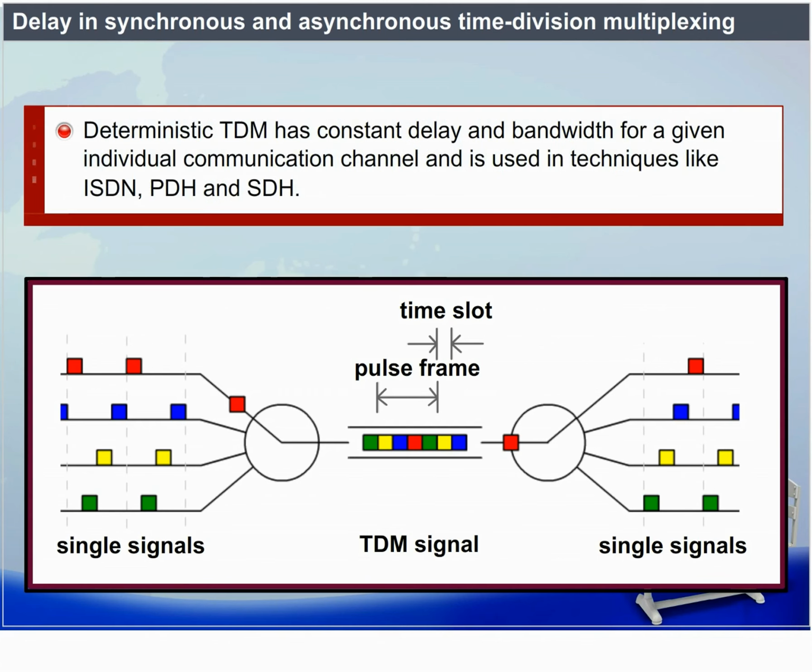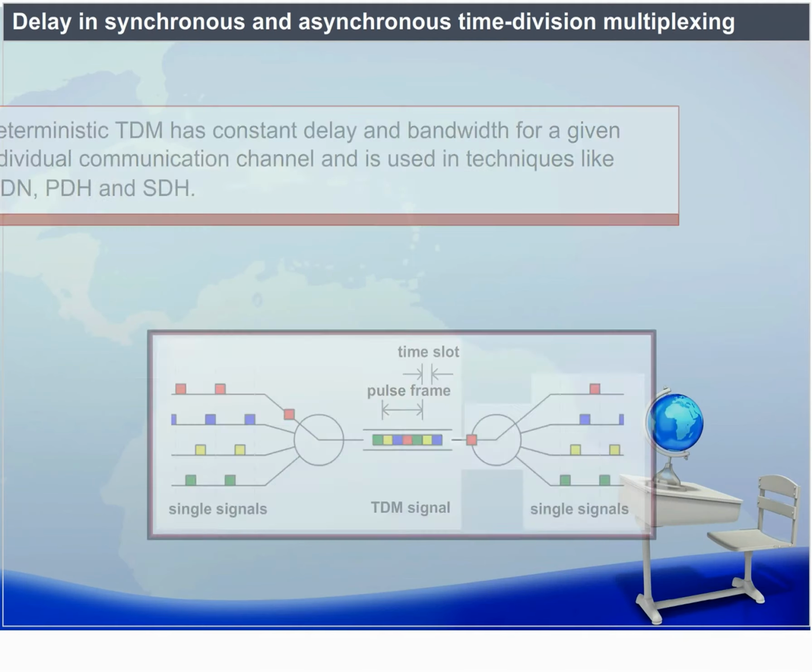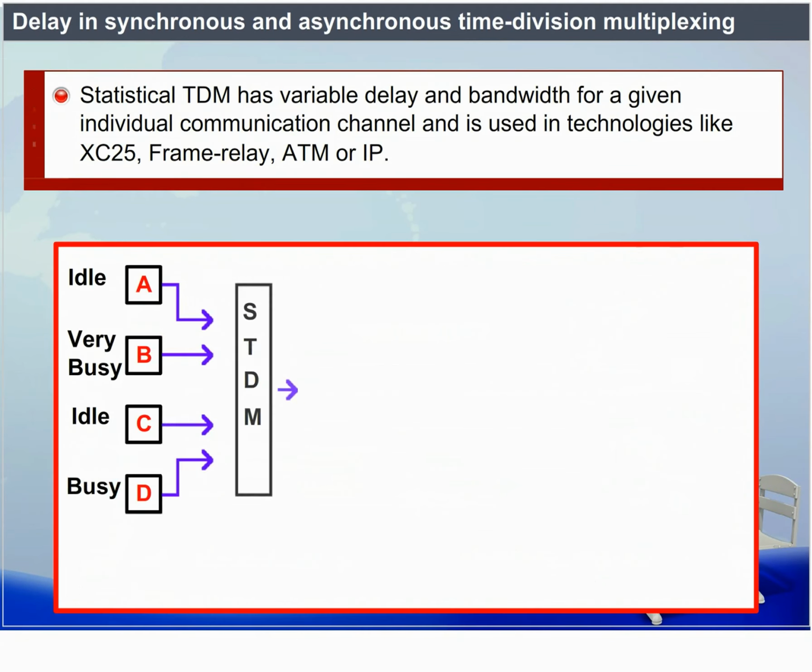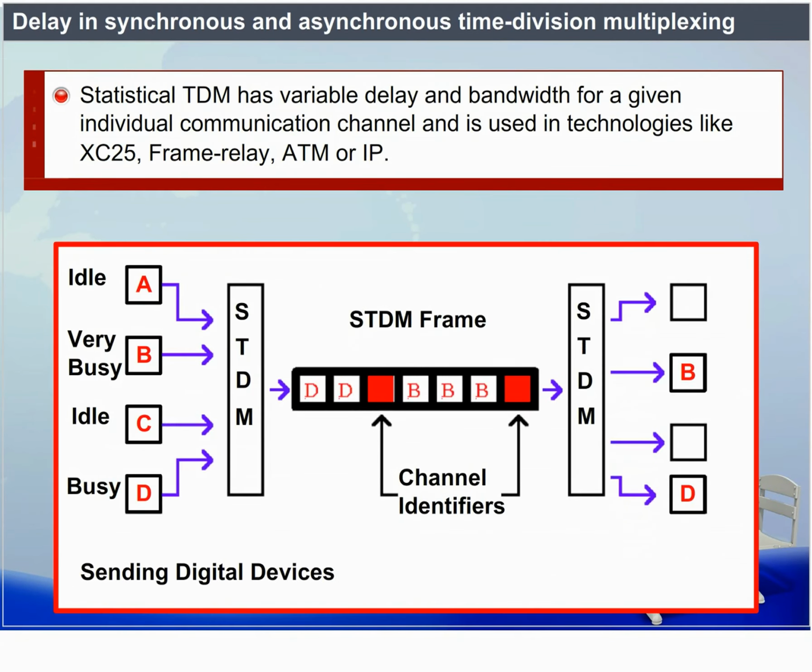Deterministic TDM has constant delay and bandwidth for a given individual communication channel and is used in techniques like ISDN, PDH, and SDH. Statistical TDM has variable delay and bandwidth for a given individual communication channel and is used in technologies like X.25, frame relay, ATM, or IP.